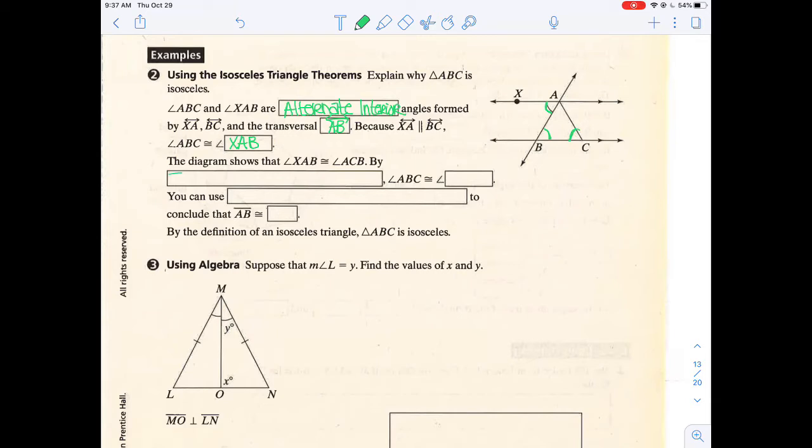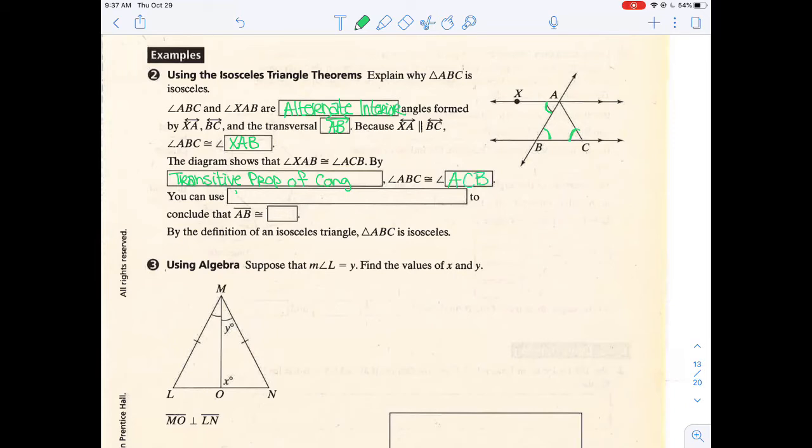So, by the transitive property of congruence, angle ABC is congruent to angle ACB.